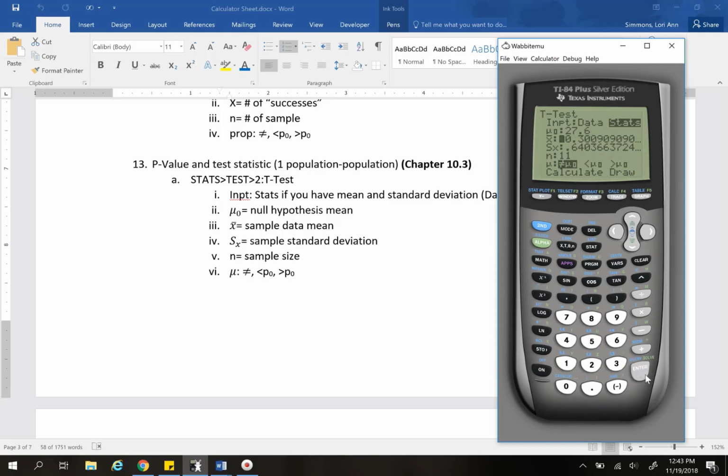X bar is 27.3. X bar is from your sample. S is your sample standard deviation. N is our sample size. And we're looking for less than. T-value is negative 1.765. P-value is 0.0389.